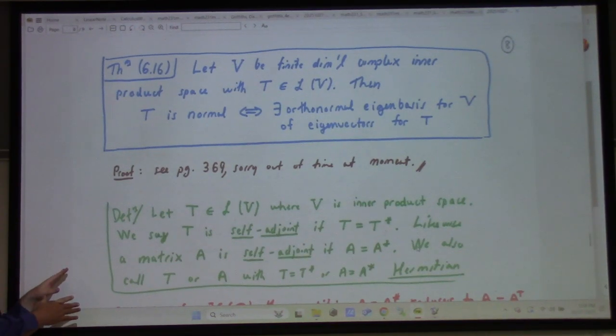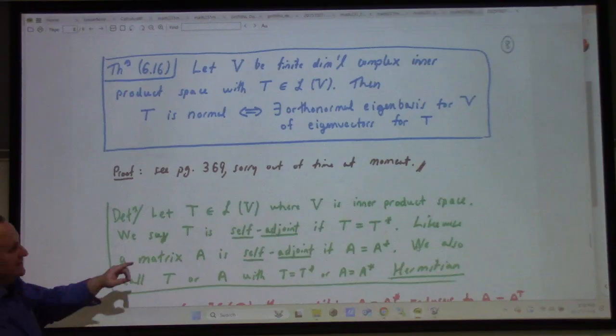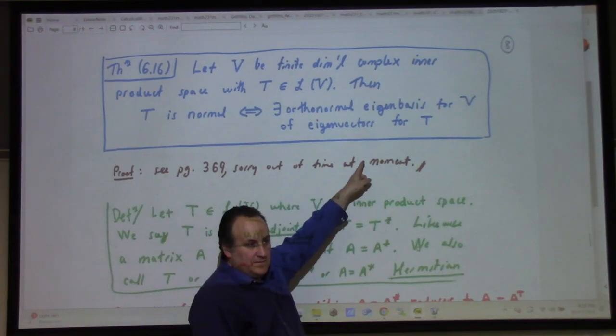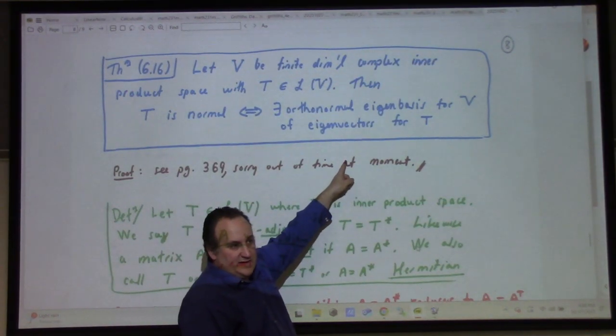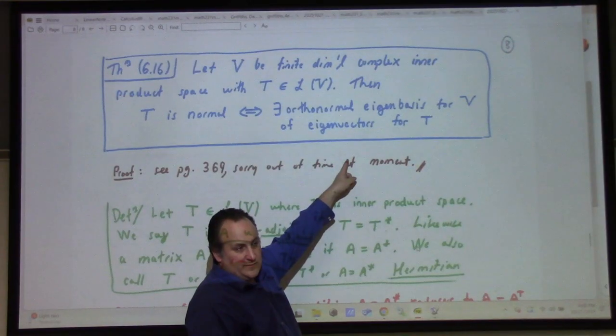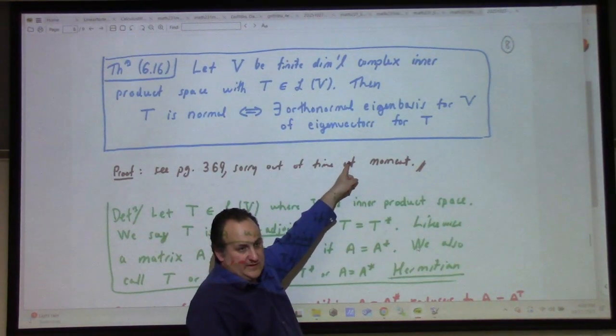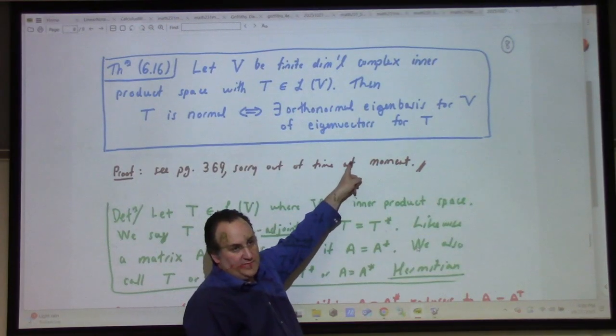We argued the reverse direction already, because we showed that if that was the case, then T and T star are simultaneously diagonalizable, which means that T star T is equal to T T star, which is to say that T is normal. So we've already proved the converse direction of this.